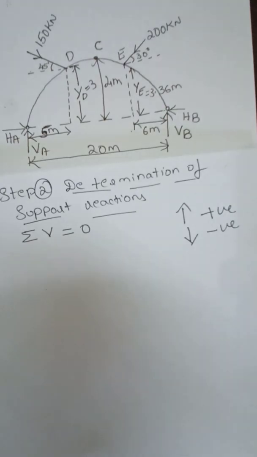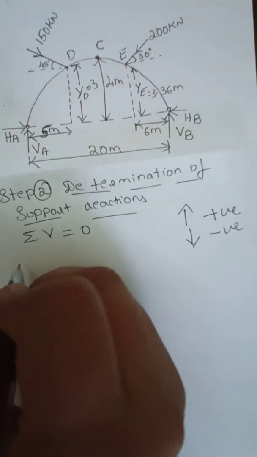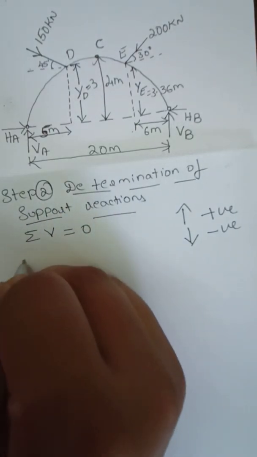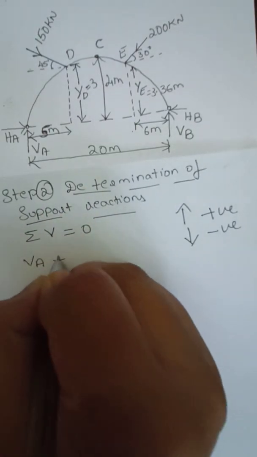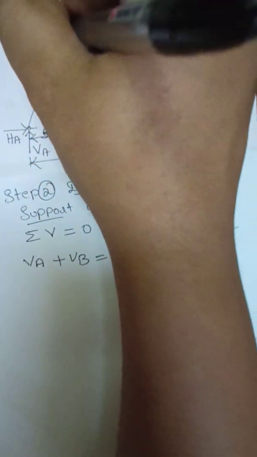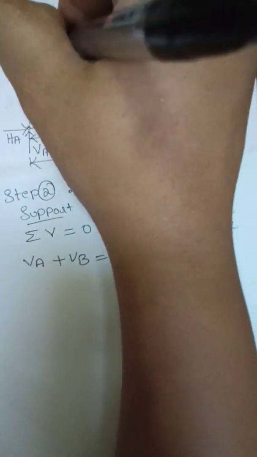So with this sign convention, if I proceed here, VA and VB are in the upward direction. So it is VA plus VB equal to, so here you are supposed to resolve the components.